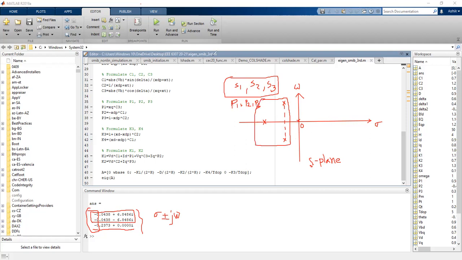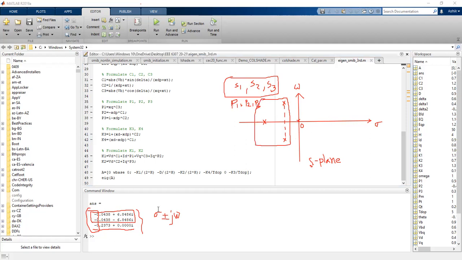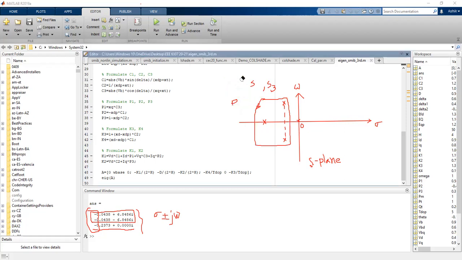Now, what is the frequency of the oscillation that would be generated because of the dynamics of the system? To calculate the frequency F in hertz, you simply take the omega values. So these are the omega set of values. You calculate F using this formula, omega over twice pi.